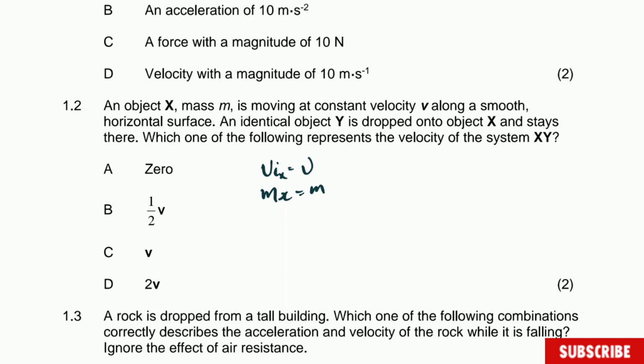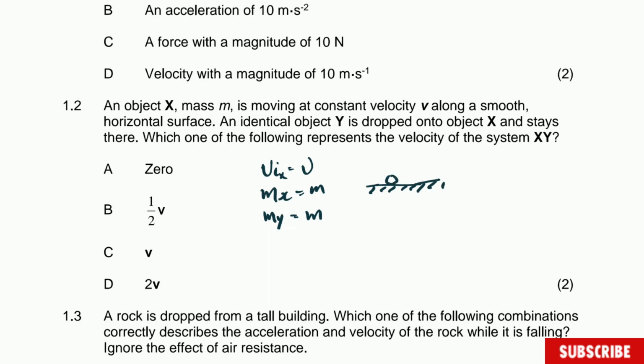Alright, now we have another object which is object y. It is identical, so the mass of y is equal to m as well, and be careful with the velocity of the object y. Okay, so now we have a before in which the object is moving. I want you to understand this one.